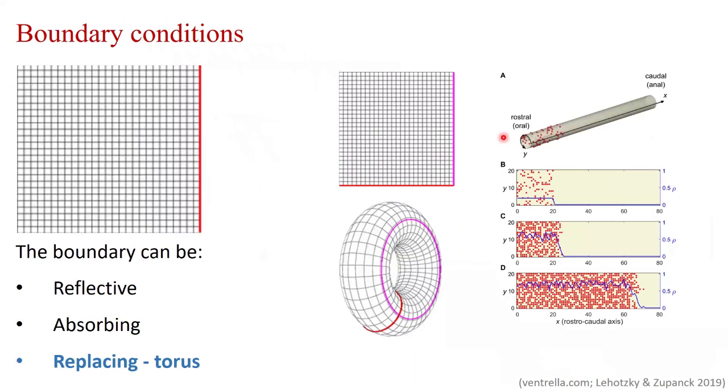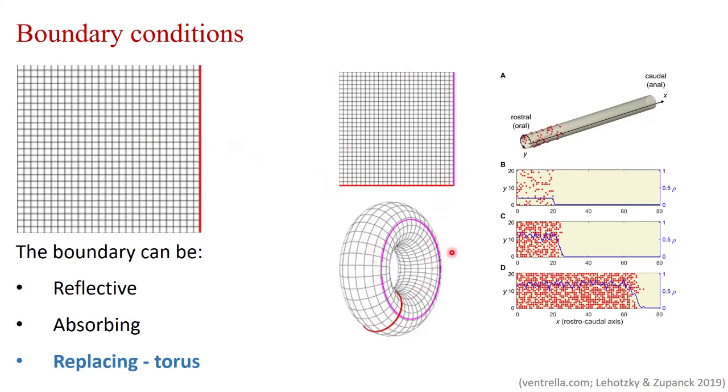And the other important thing is how you define the boundary conditions. You can have reflective or absorbing boundaries, which means that cells get cancelled at the boundary, or they can be reflected, so they see it as a wall and turn back their movements. But most commonly, what we use is a torus.